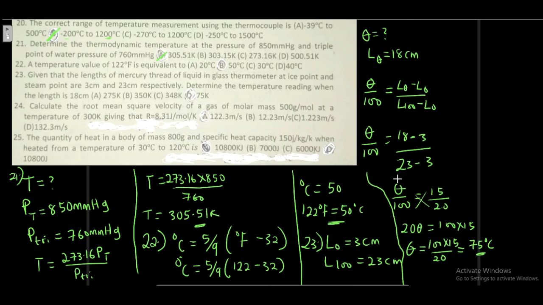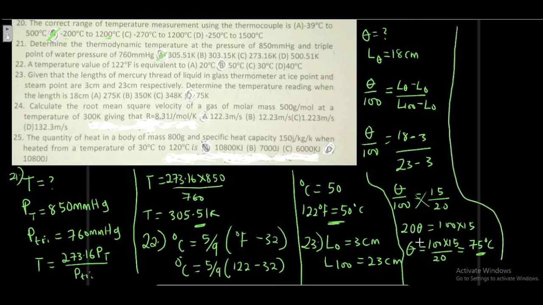The Celsius scale formula will always give us the answer in Celsius. Now, if we look at our options, everything here is in Kelvin, so we need to convert our answer from Celsius to Kelvin. How do we convert from Celsius to Kelvin? We simply add 273.